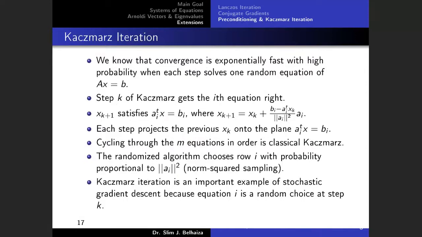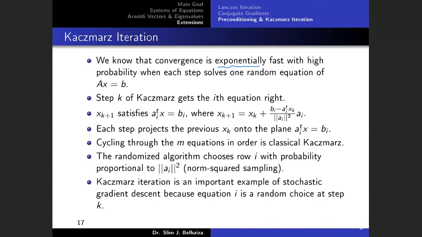The last thing is about what we call the Kaczmarz iteration. The Kaczmarz iteration is quite close to the idea of the conjugate gradient. For this algorithm, the convergence is exponentially fast with high probability when the equation we're trying to solve is chosen randomly.